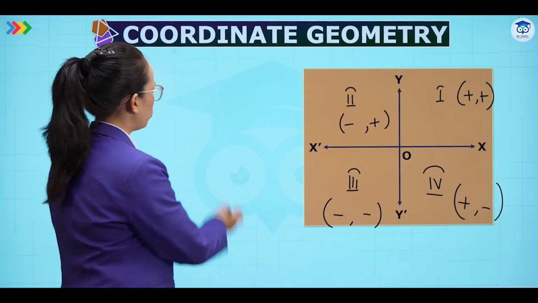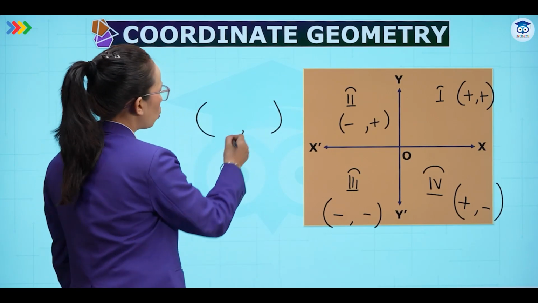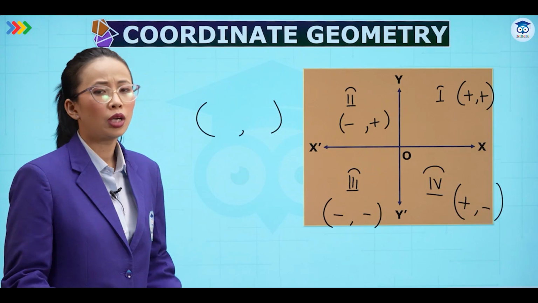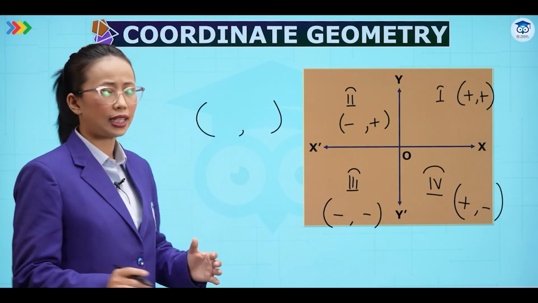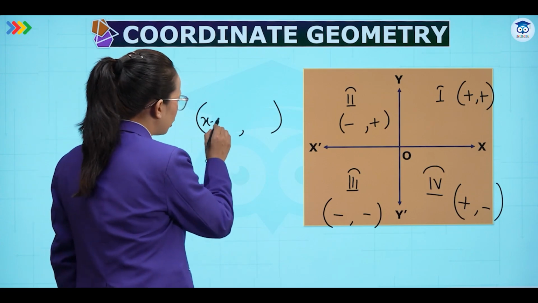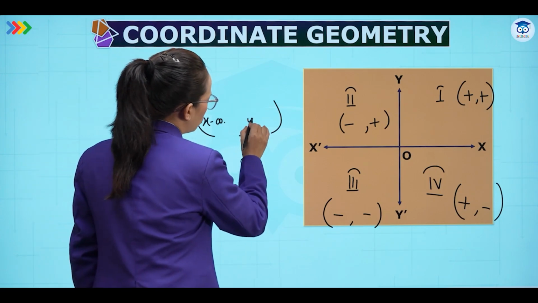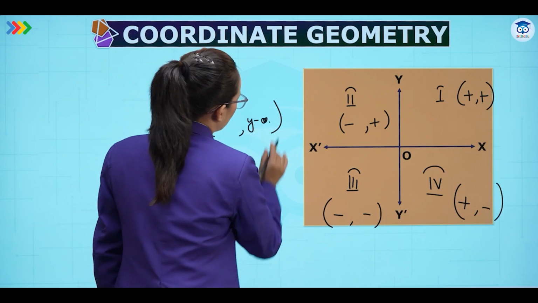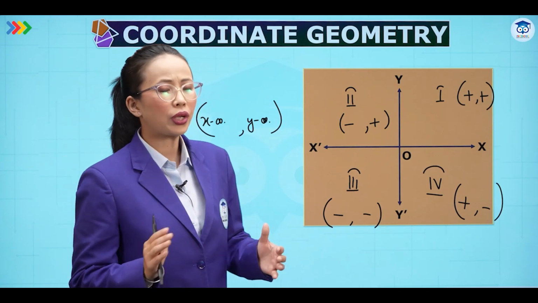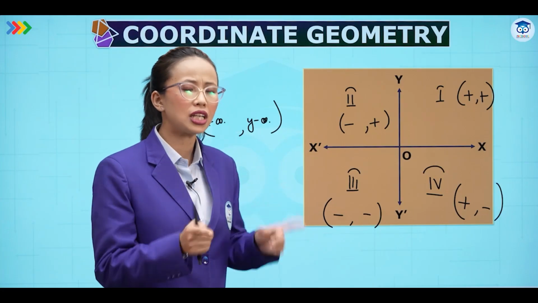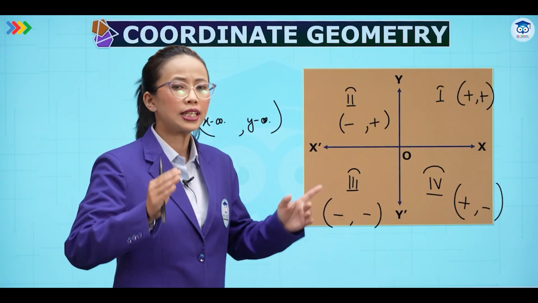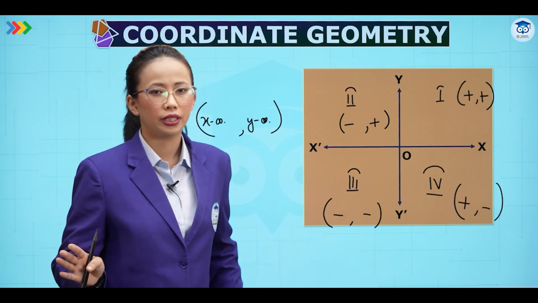So every time when we have coordinates, a point will be given by a coordinate, right? We should always understand that this is the x coordinate, and this is the y coordinate. You can have any value, but the first value is the x coordinate, second is the y coordinate.